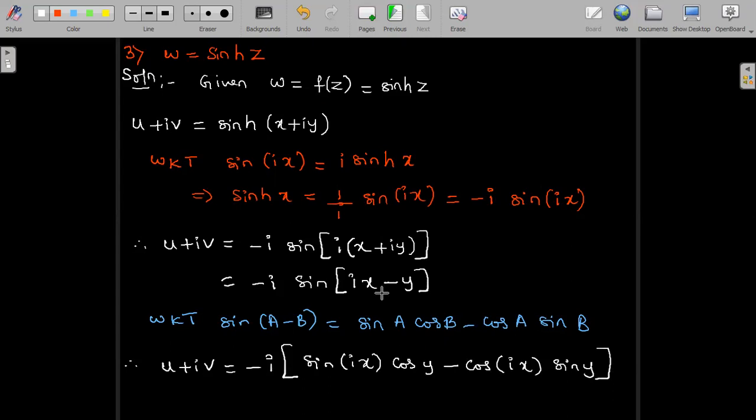So sine of a minus b is equal to sine a cos b minus cos a sin b. Now let us again write down in terms of the hyperbolic function first. So sine of ix, we recall again the formula. Sine of ix is equal to i into sine hx. Similarly, cos of ix is equal to cos hx directly. So we will first apply that formula and then we will multiply this minus i inside.